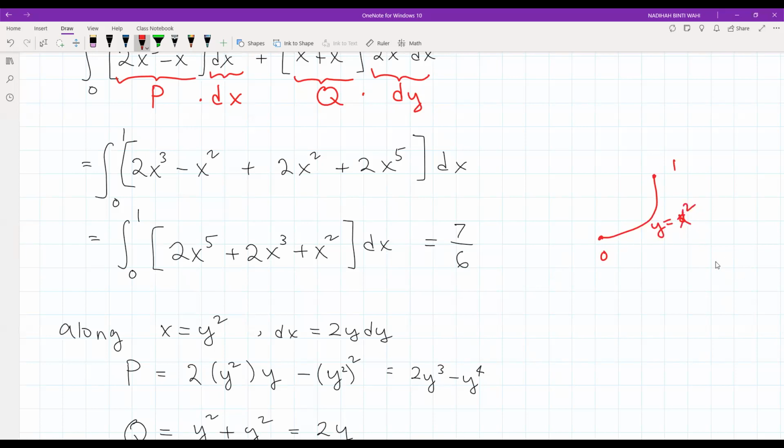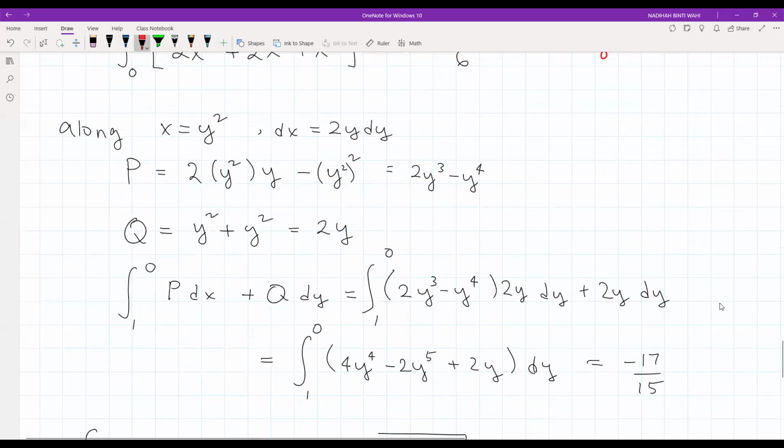So saya kena gantikan dy. Alright, so along, and the next step is kita nak cari from point number 1 to the origin. Okay, so the equation is x equals y squared.